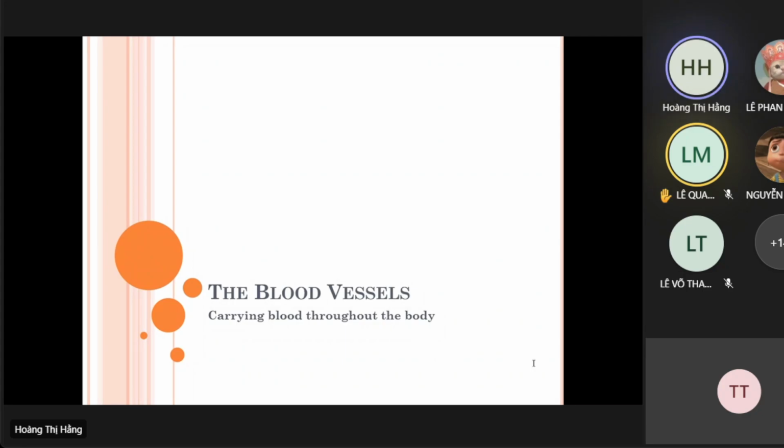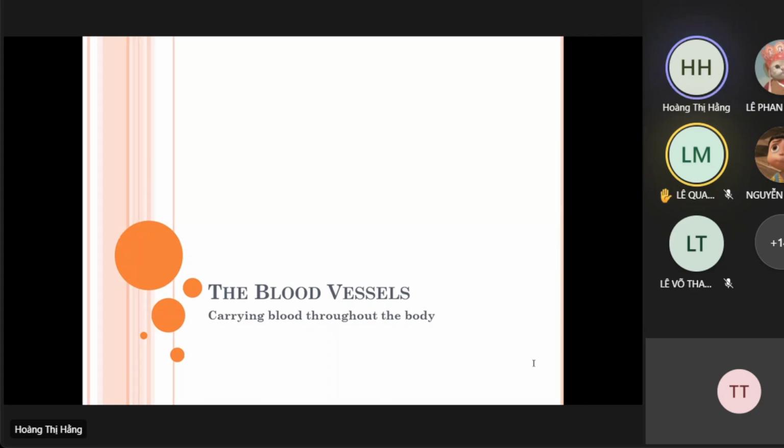Now, talking about the difference among arteries, capillaries, and veins, you can link the characteristics of each type, like the oxygen and carbon dioxide exchange occurs between capillaries and alveoli. So, you can know that walls of capillaries are really, really thin. Thanks to this, nutrients and gas can move in and out. The next one, arteries.